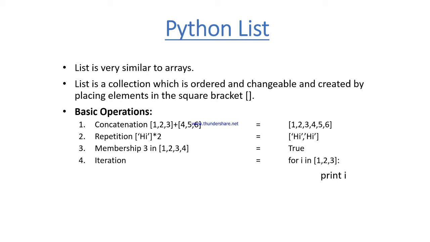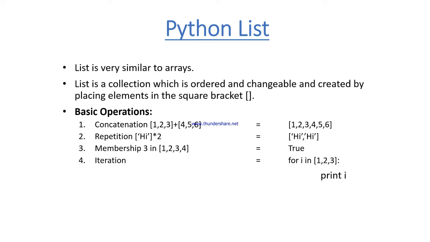There are basically four basic operations which we can perform on the Python list. The first one is concatenation. If you are given two lists and you have to add them, then the plus sign is used for concatenating the two lists. The second one is repetition, the multiply sign.